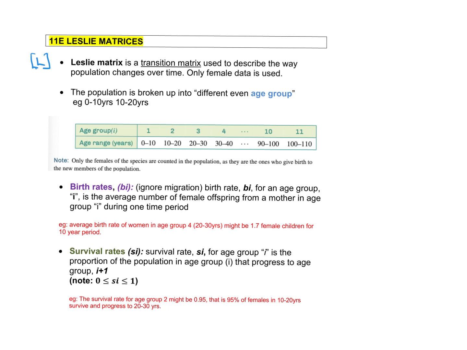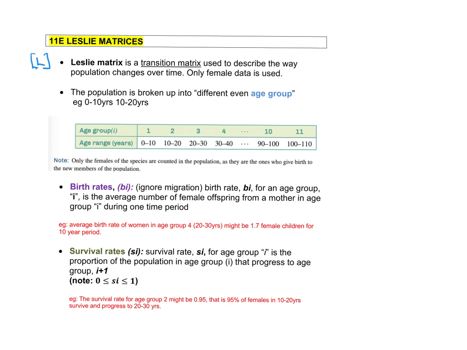And they'll tell you what the time period is, like a year. And then they give the survival rates of the population. Say moving from the 0 to 10 age group to the next age category, you might have a 0.5 survival rate, which means 50% of that population survive to grow into the next age group.